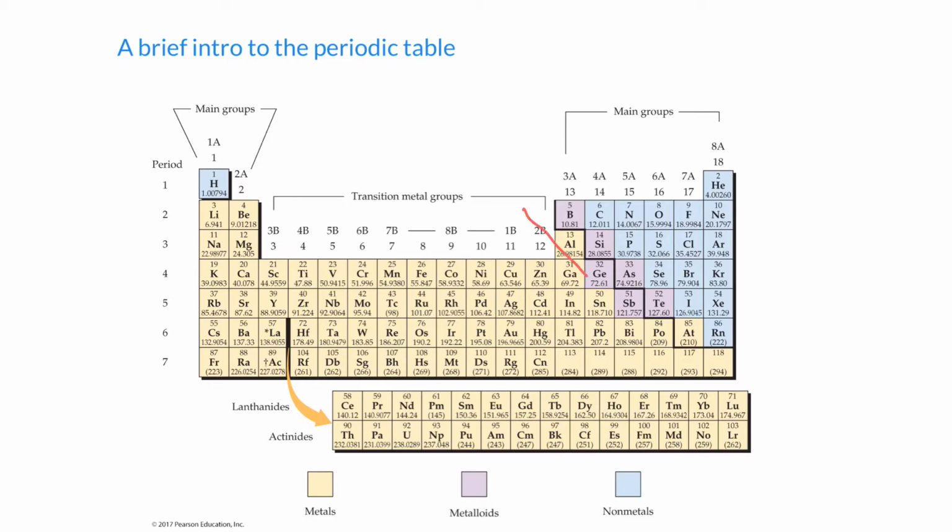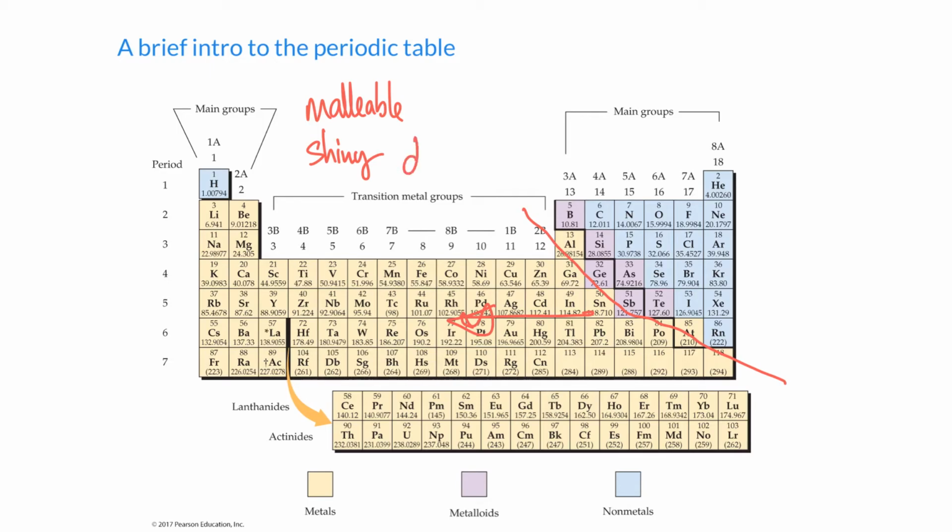But very roughly you can say that these elements here, all the way on the left-hand side, are shiny. So they can be polished and reflect your light. They are malleable, which is to say you can hammer them out into sheets.